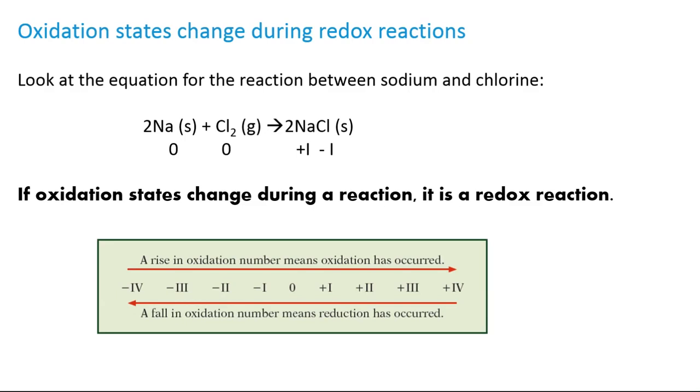So oxidation number increased, so it is oxidation. Whereas chlorine oxidation state changes from 0 to -1. It is a decrease, so it is a reduction. So fall in oxidation number means reduction. A rise in oxidation number means oxidation.